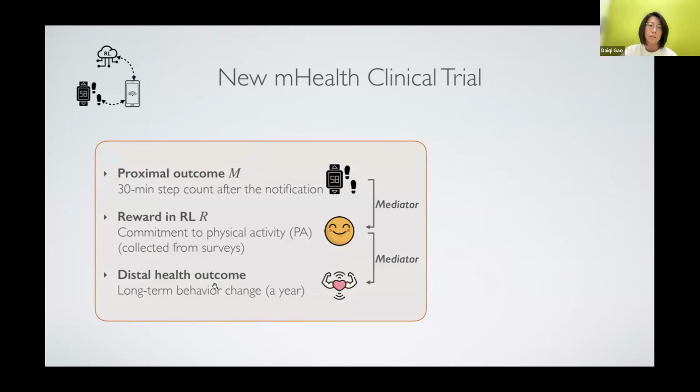But remember that the health outcome that we want to achieve is the long-term behavior change. But such health outcome is too distal to be used in the RL algorithm for policy update. So that's why in this new clinical trial, we choose to use an intermediate outcome that is closer to the health outcome, but is also efficient for policy learning.